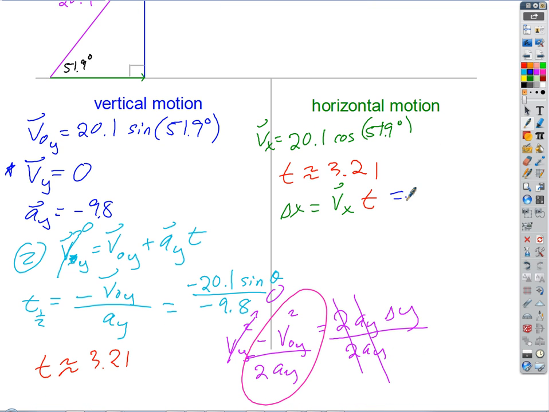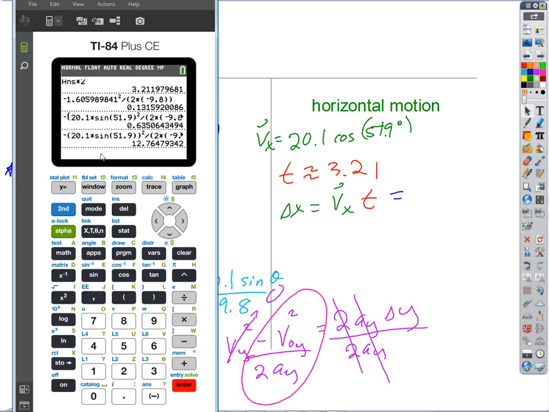I'll put these in there so in the notes you can check this if you want to redo this problem or something. So delta x is going to be v sub x, which is this. She says it, OCN. She doesn't type. Times t is 3.21.